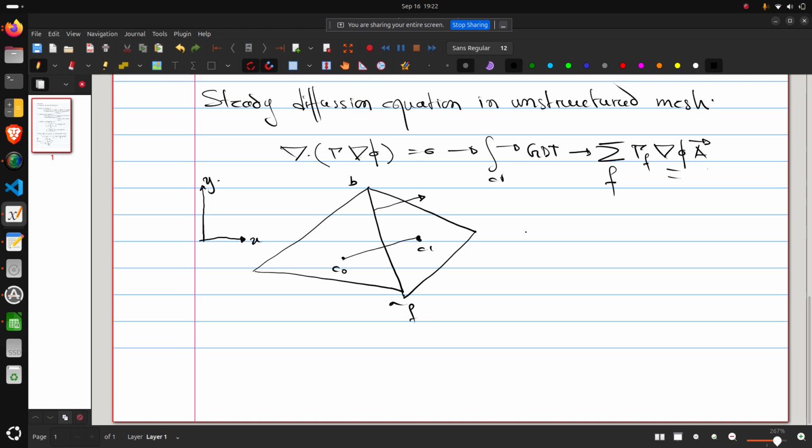For example, in the Cartesian coordinates, the gradient of phi was given by dou phi dou x i cap plus dou phi dou y j cap times some area.